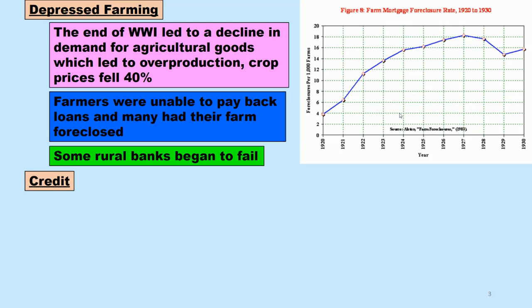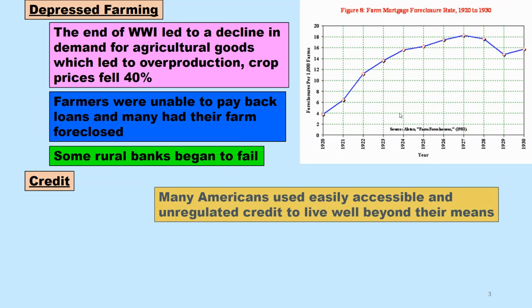Okay. So like I said, some rural banks begin to fail early into the mid 1920s. Okay, now next is going to be credit. And it's not just credit, it's easy credit, unregulated credit. It's easily accessible, unregulated. And what that means is, and I don't know how many of you have credit cards, but now if you go to Macy's or if you go to Belk or whatever stores there are, and you want to get a credit card, they run your credit.